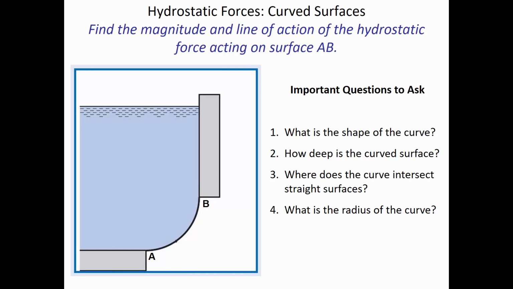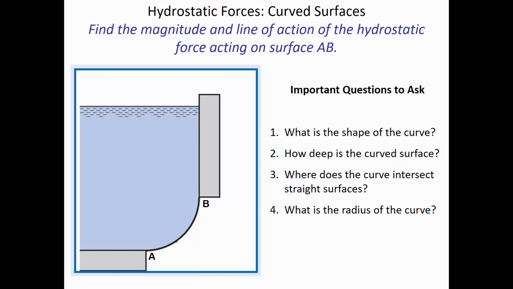So this curve could be described in terms of the radius point about which that curve is generated, and the reason why that's important is we're going to be looking at the horizontal component of this hydrostatic force and the vertical component. So the resultant is at an angle. If I just erase this pressure distribution, and all I leave behind now is the single resultant hydrostatic force.